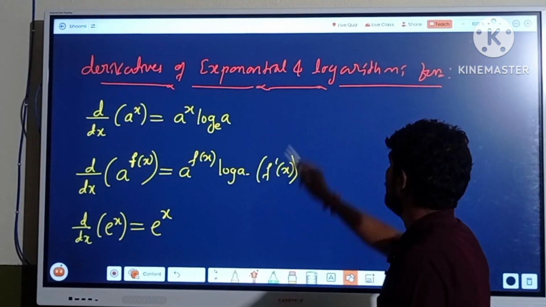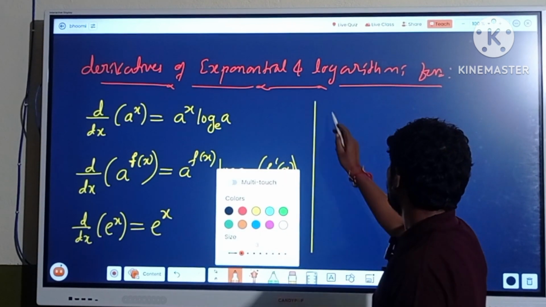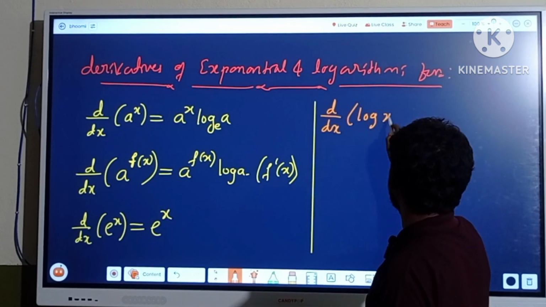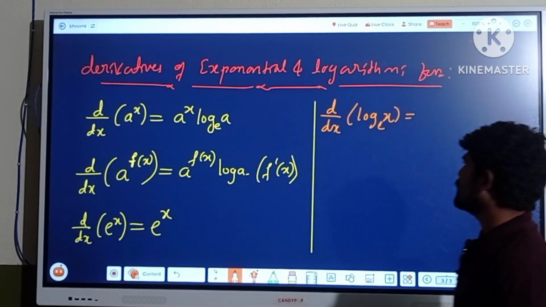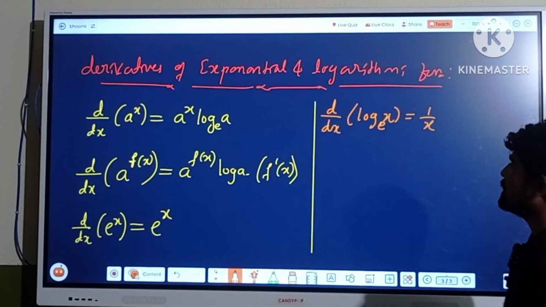And next, the derivative of log x to the base e is equal to 1 by x.